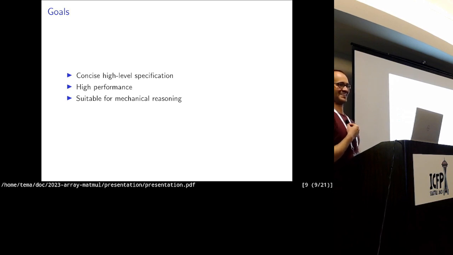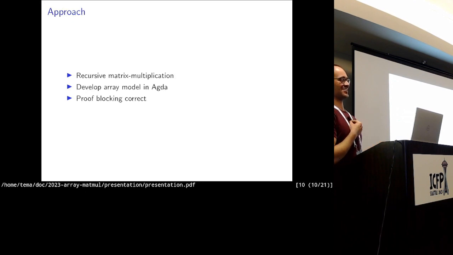So kind of what the previous speaker said no one cared about. So the way we are going to do this is to first talk a little bit about the key idea behind any high-performance matrix multiplication, which is to formulate it recursively. And then we are going to develop a model for this in Agda and prove that this idea, which is usually called blocking in the literature, actually works.